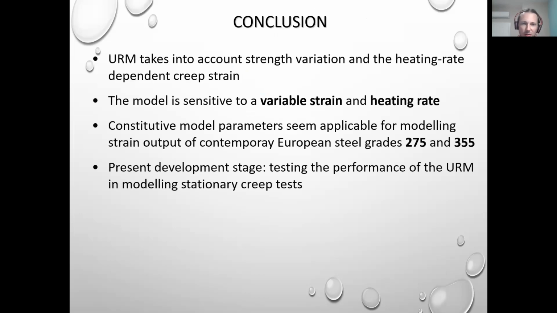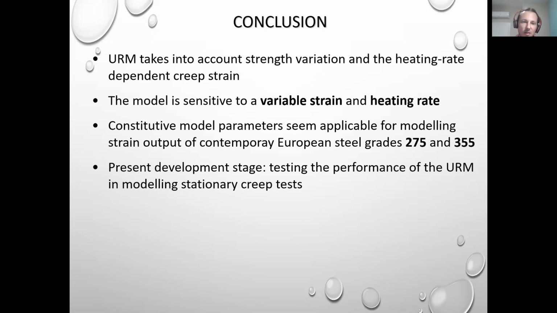As a short conclusion, this unified rheological model takes into account stress variation and heating rate dependent creep strain. This wasn't visible because at this stage we are trying to model stationary creep tests, so there is no heating rate variation because the temperature is constant. But it is sensitive to variable strain and heating rate because we tested it previously on different transient constant temperature studies.